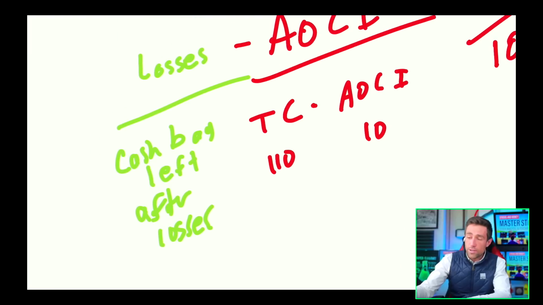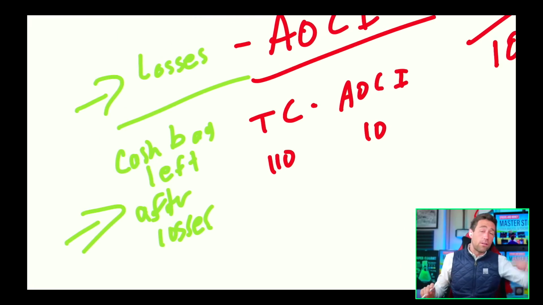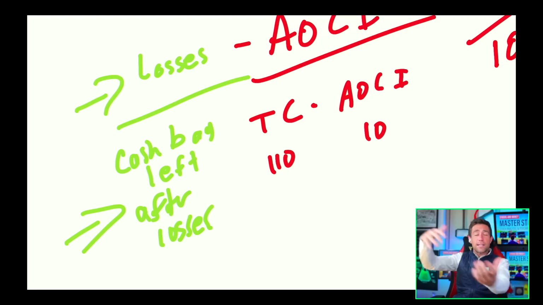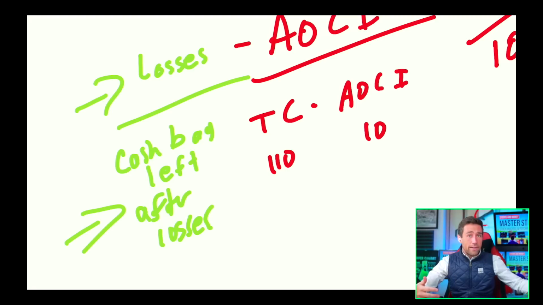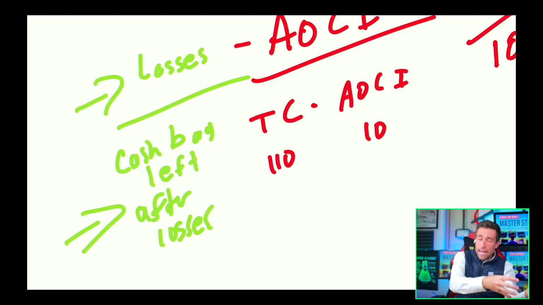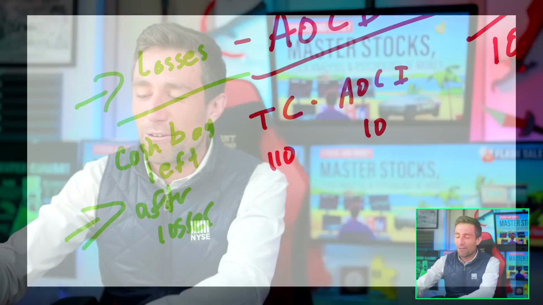Once we realize those losses, how much money we got left? That's all I want to know. Losses divided by how much money left. And the bigger the percentage of losses compared to how much money is left, the riskier. So bigger percentage, bad. That's what we're trying to do.